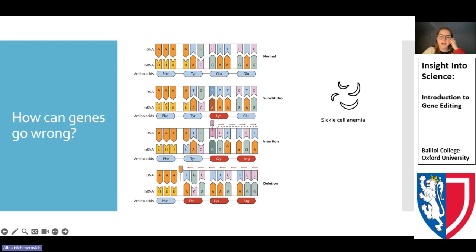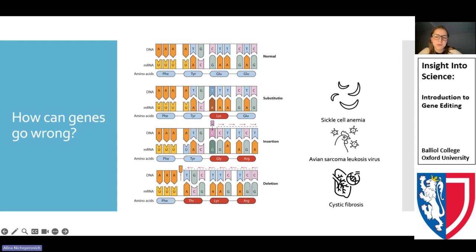Then we also have avian sarcoma leukosis virus, which is a very interesting virus which infects primarily birds, and chickens specifically. What this virus does is it inserts a piece of its own DNA into the DNA of the host, which is a chicken, for example, which leads to frameshift mutations that make the host develop symptoms in response to this virus.